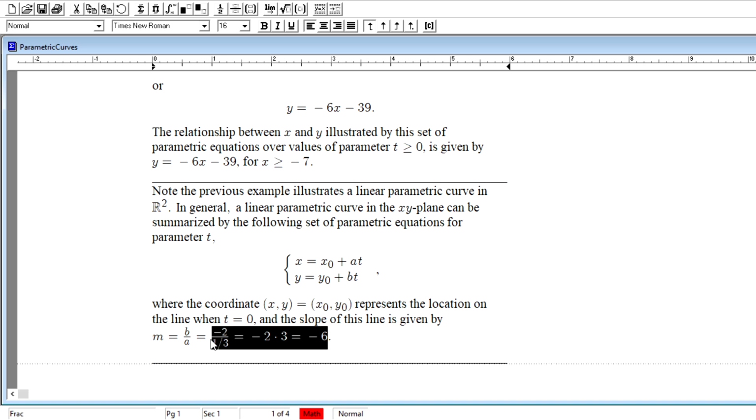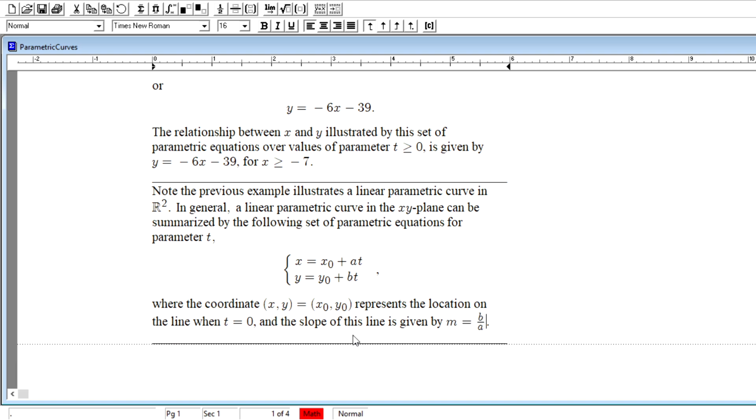So in general, for a set of parametric equations assuming this form, where both x and y themselves assume the forms of linear functions of parameter t, you do have an overall parametric description that is also linear.